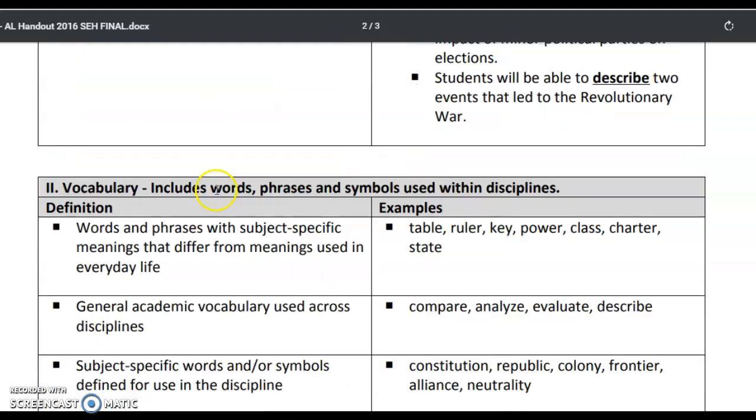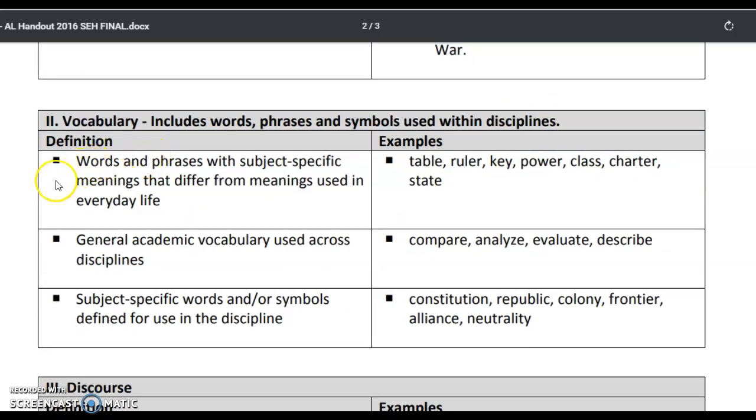Another key aspect that I found here to be important was the use of subject specific meanings, and that's very important to understanding how language interacts within our lesson plans and how we're expected to really help our students understand academic language. So, for instance, subject specific words have double meaning.